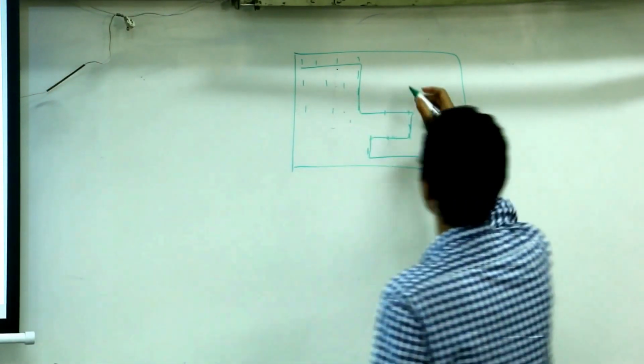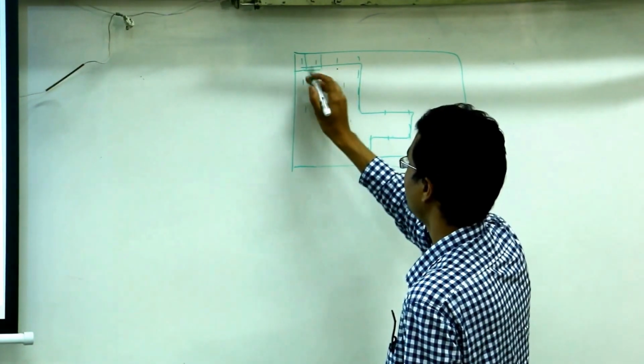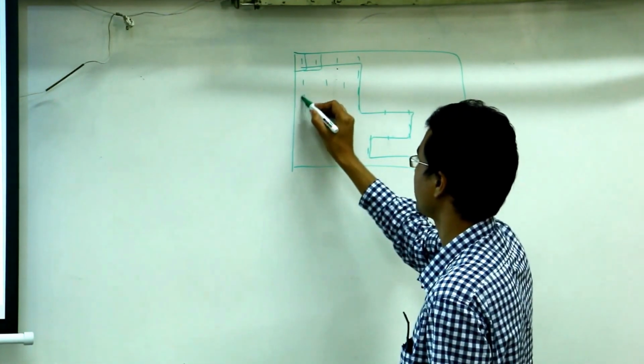The idea is, if a cell is 1, then that cell is allowed, so you can enter it, and if it's 0, then you cannot enter that cell.